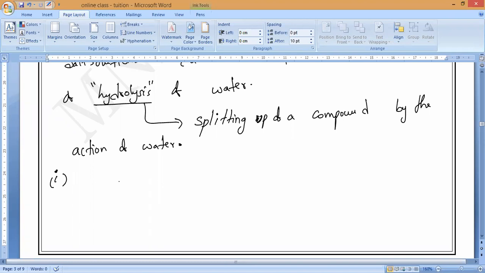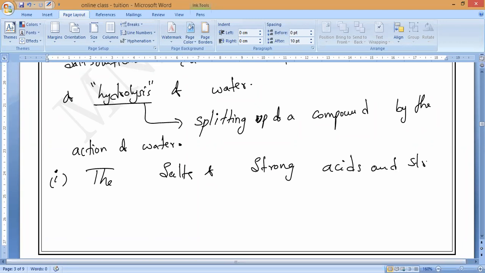Okay. So now the first point. The salts of strong acids and strong bases give what? Always neutral. Understand? Write it. First point: the salts of strong acids and strong bases give neutral solutions.